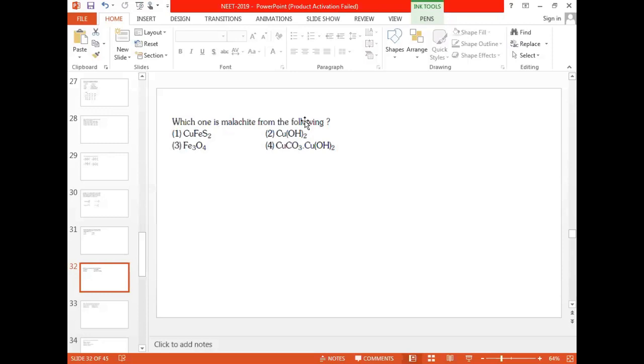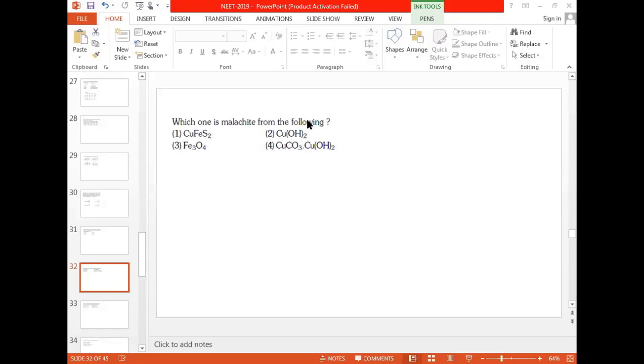Okay, wait. What is the malachite formula given? Cu(OH) taken twice only. Sir, in that question it was given thrice. No, wrong. This only is correct: CuCO3·Cu(OH)2.